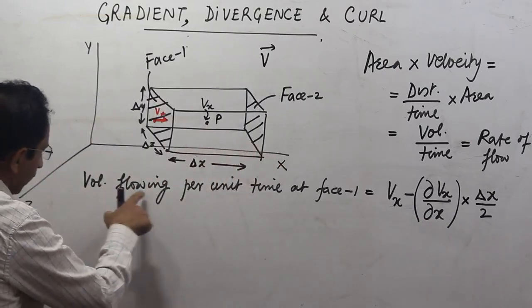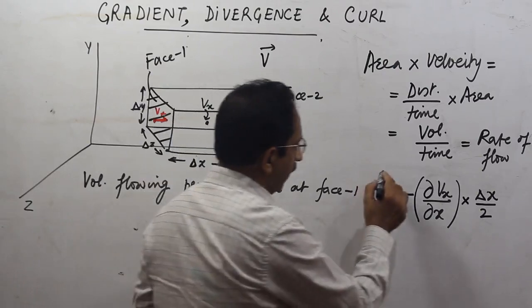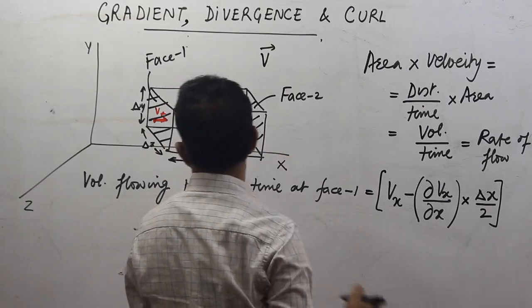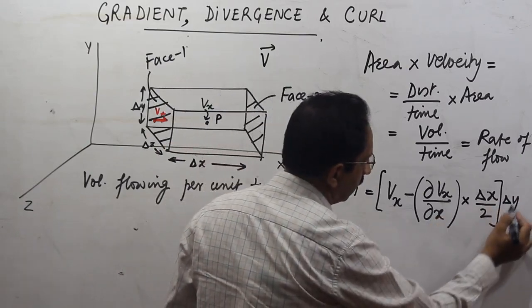Now if I have to find volume flowing out per unit time, I multiply this velocity with the area of this face, which is delta y into delta z.